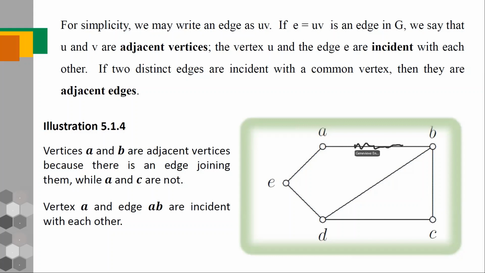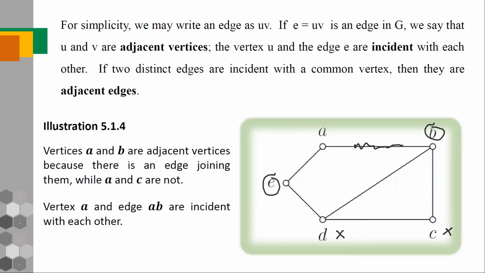So, they are adjacent. Si A is also adjacent to E. Dili siya adjacent kang D or kang C because walay connection or walay edge connecting A and D, and also A and C. So, adjacent, pasabot naa silay connection silang duha.